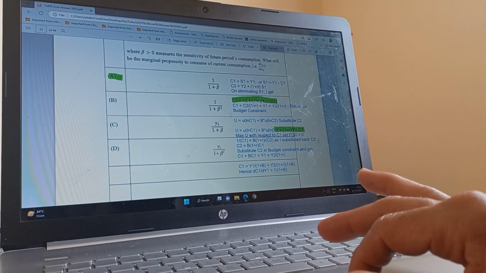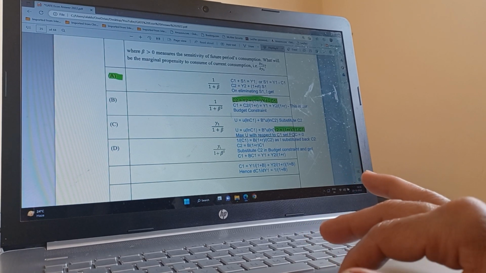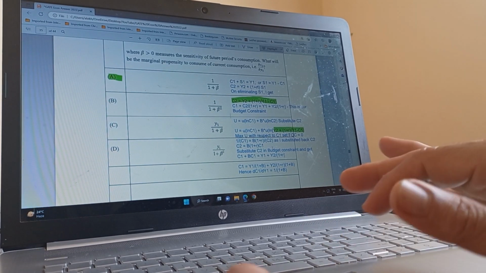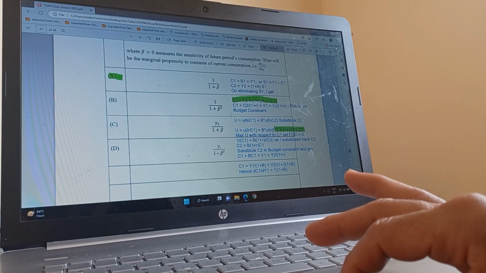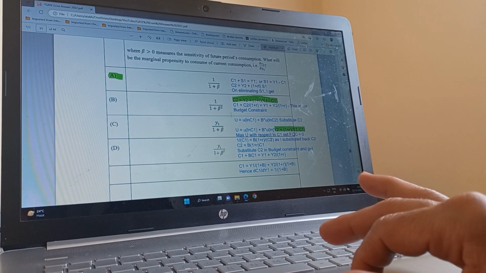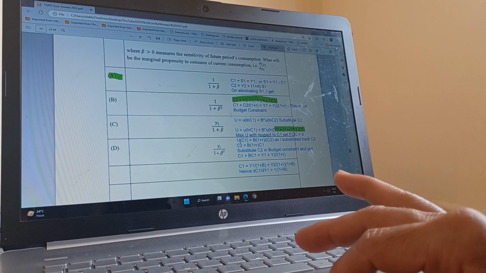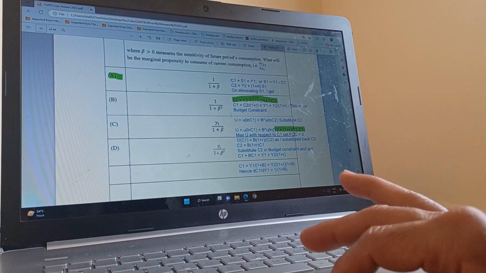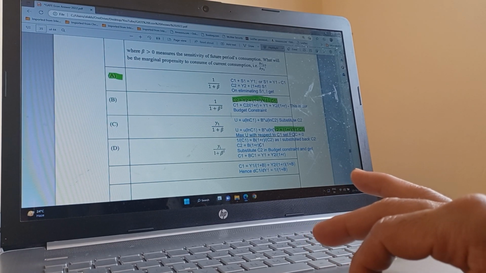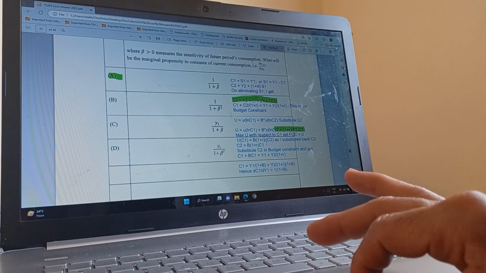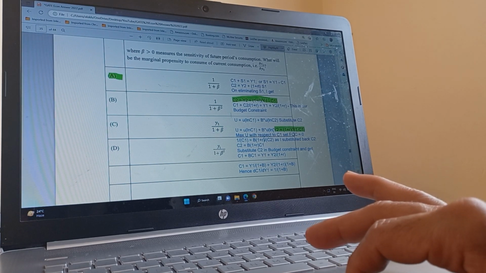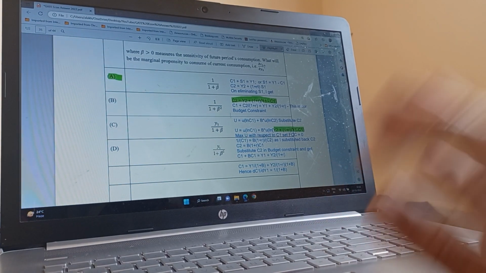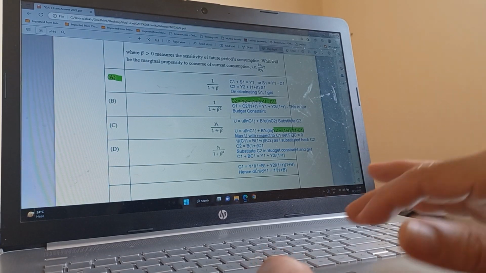As I substituted back C2 because it was becoming too long, C2 is equal to beta times (1 plus R) times C1. So that is my equation.